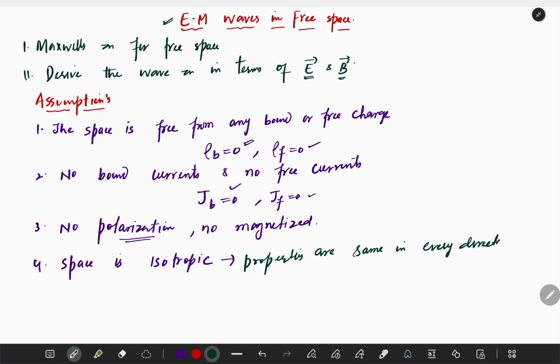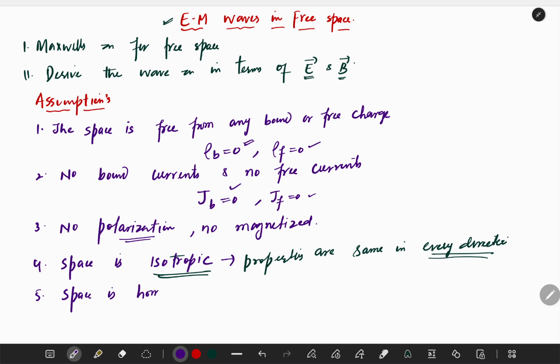If there were some variation of some quantity in one direction, the same quantity would vary in a different direction. We say the space is isotropic. No preferred directions. There is no direction which is more preferred than another. X, Y, Z are the same, with the same preference. And the fifth one is that space is homogeneous.